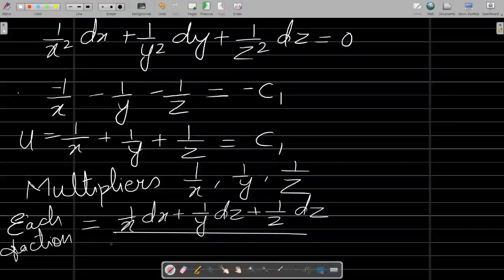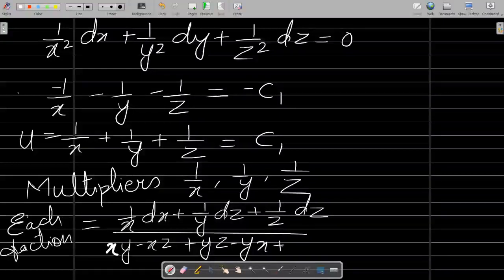So I will be left with x into y minus z, that is xy minus xz, plus 1 by y into y square into z minus x. So I will be left with yz minus yx, plus 1 by z into z square into x minus y. So I will be left with zx minus zy.